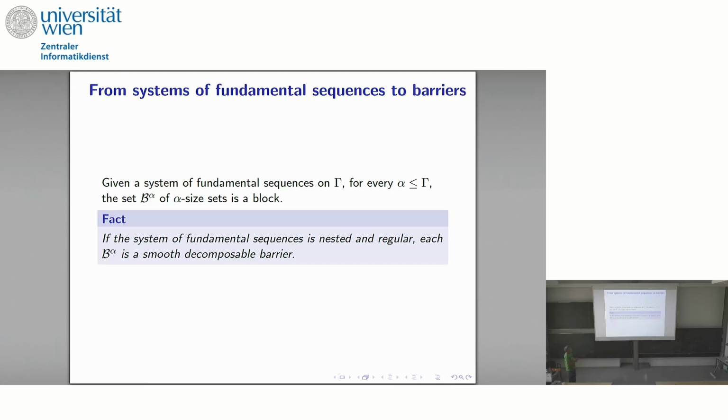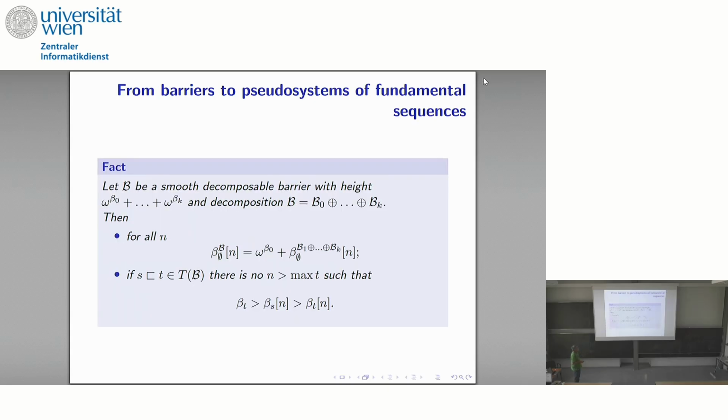If a system of fundamental sequences is nested and regular, so nice in my sense for systems of fundamental sequences, then every B alpha will be nice as a barrier, so smooth and decomposable. So that's exactly what I want. I'm taking under this barrier umbrella also the things that came from systems of fundamental sequences which were nice enough.